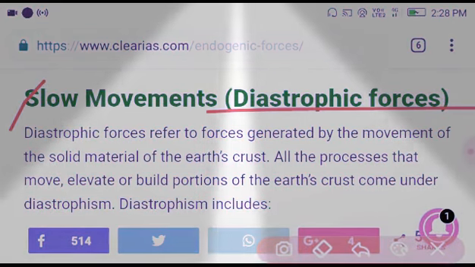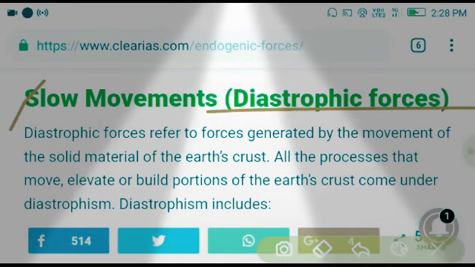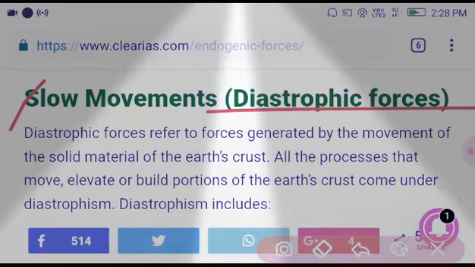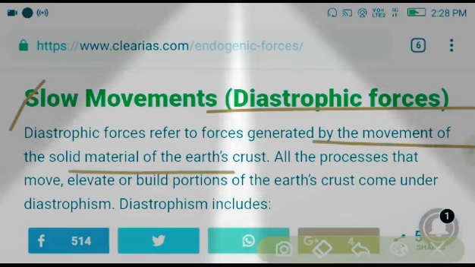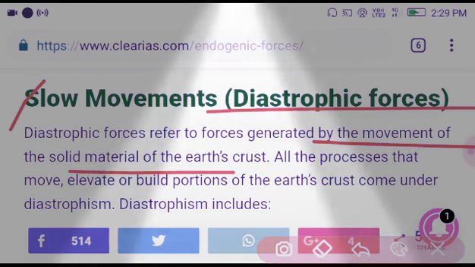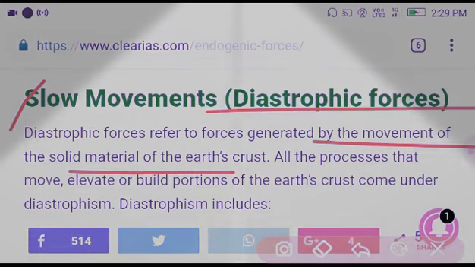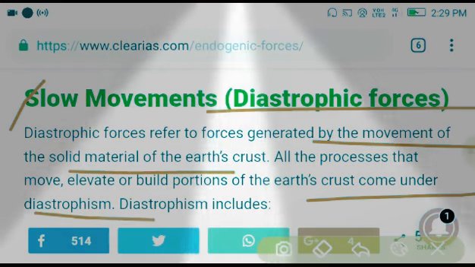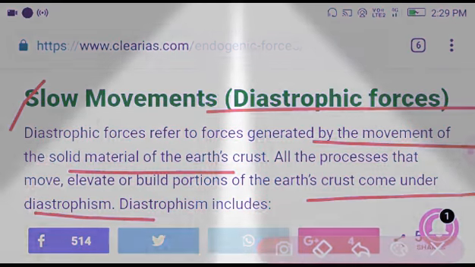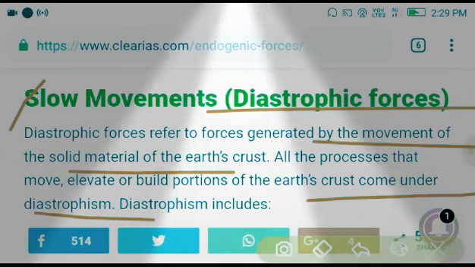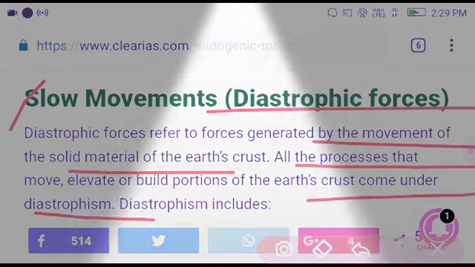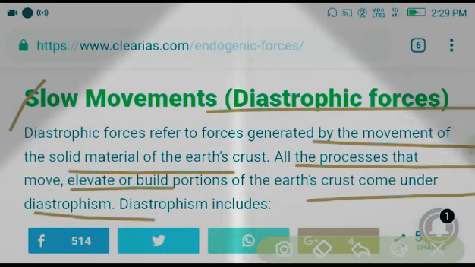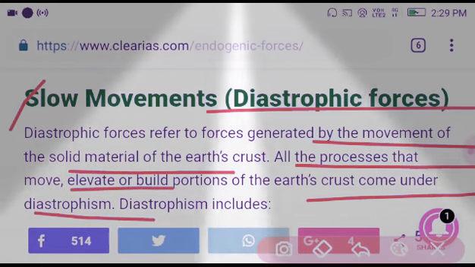Diastrophic forces refer to forces generated by the movements of solid material of the earth's crust, and all the forces that move, elevate, or build portions of the earth's crust come under diastrophism. So it is mainly slow movement.